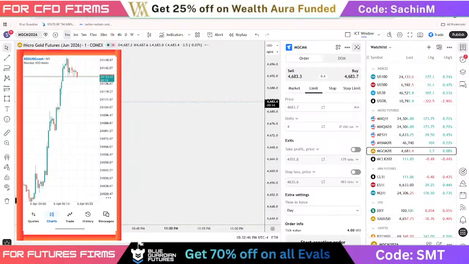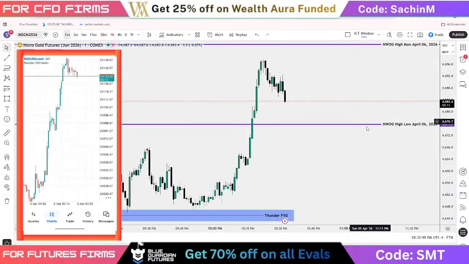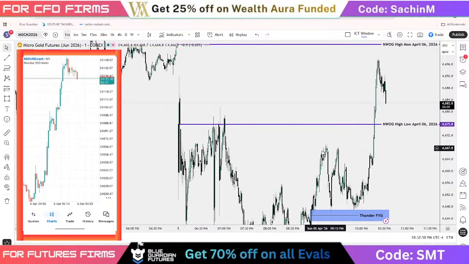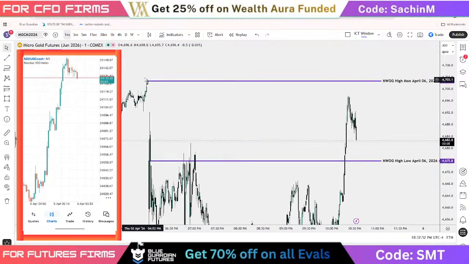Let's get back to gold. The gold is dropping down from the consequent encroachment. I am sure this is dropping down from the consequent encroachment.